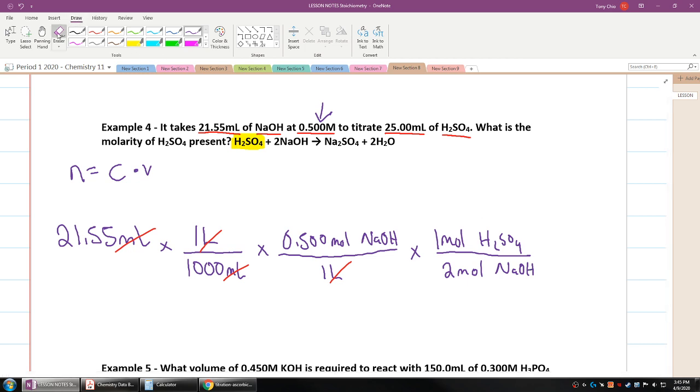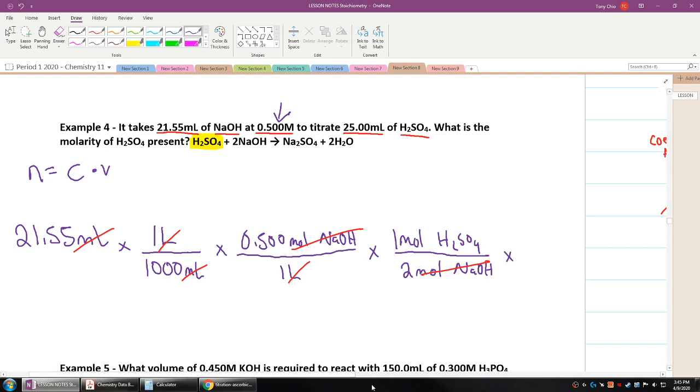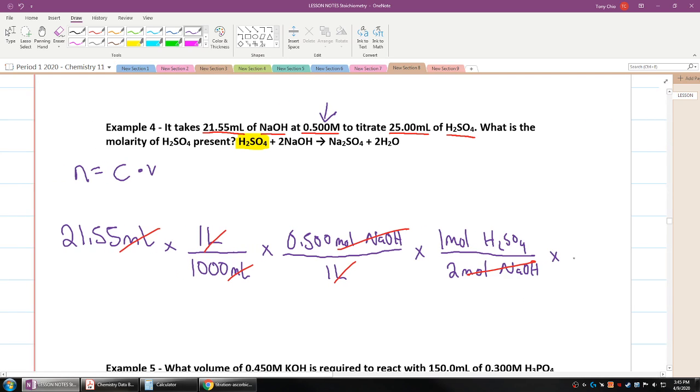Now, how do we find concentration? What is molarity? Well, we have now solved for our moles of H2SO4, so our last step is to divide by our volume of H2SO4. How do you do that? You could expand this calculation by multiplying by 1 over this value in liters. 25 milliliters is the same as 0.025 liters.